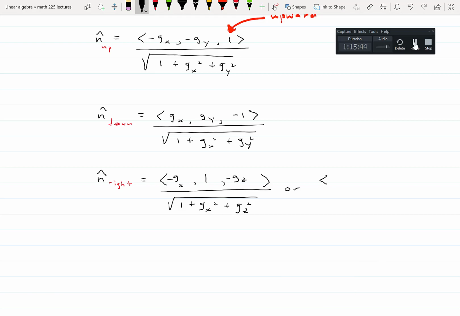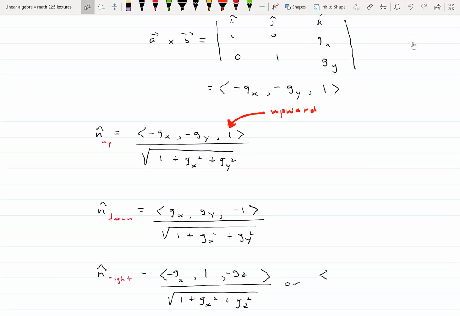I wanted to make sure I had my notation good before I gave you the simplified versions. If we're talking about the up and downward directions, we're considering our surface as z equals some function g of x and y.